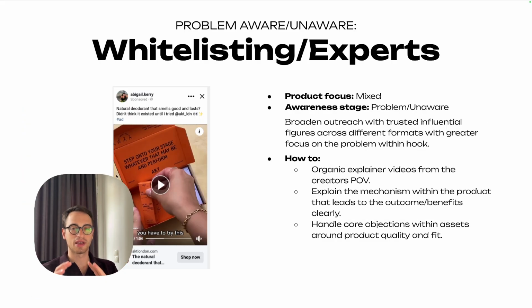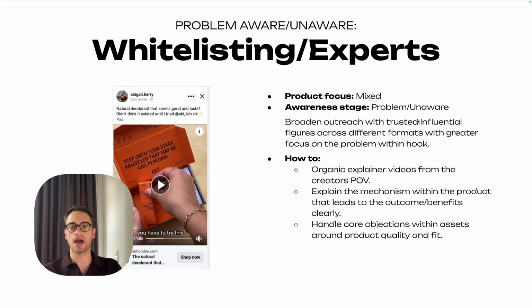Now, whitelisting slash experts. This is one of my favorites. This also works very well for those lower awareness stages. As you can see here, I have problem unaware, because they can actually work very well on those lower stages of awareness as well. And whitelisting is one of the best things you can do if you're struggling with performance right now on any page or platform.